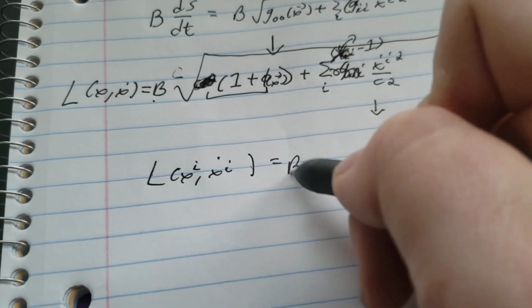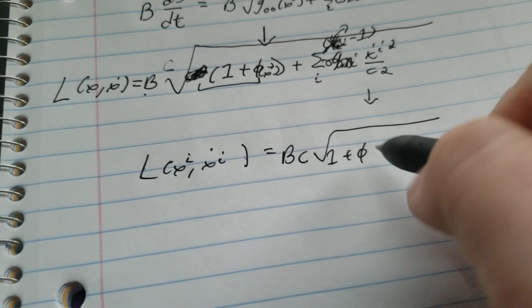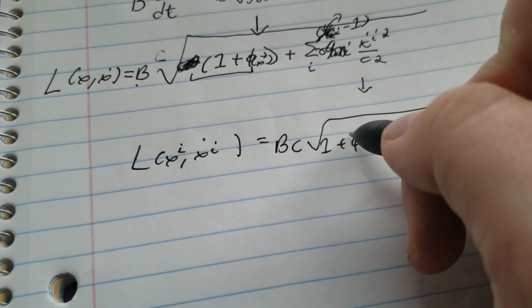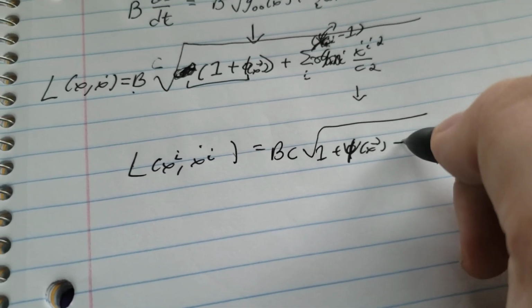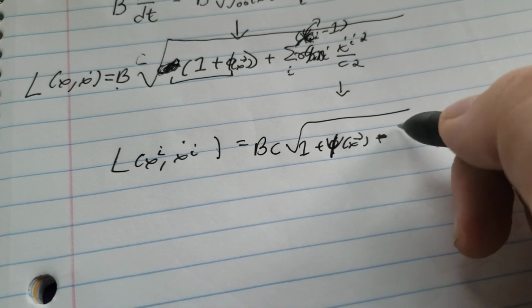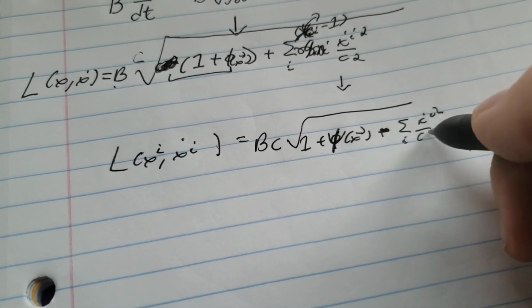So we're going to ignore that, and we're just going to consider our Lagrangian to be equal to BC times the square root of 1 plus, if I call that psi, I'm just going to rename that to psi, minus the sum over x dot i squared over c squared.